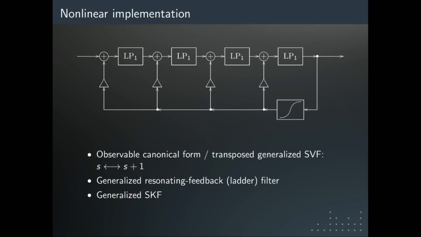However, then looking at the structure, I realized I could have arrived at the structure in two other ways. I could just have started with a ladder filter, which would just have global feedback here, and add 3 more feedback paths here. Or I could have started with a Sallen-Key filter. It would be just this part, and then added 2 more sections on the left. So either of the 3 ways, at least, you end up with this structure.